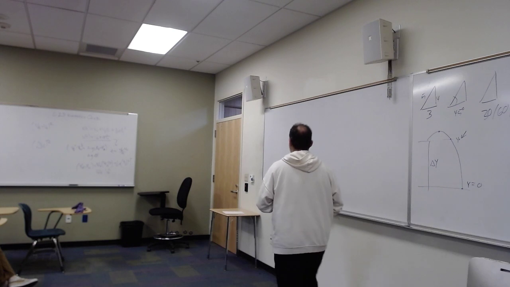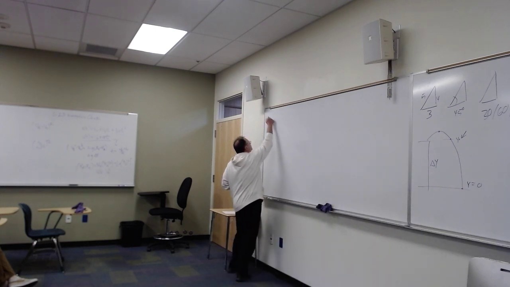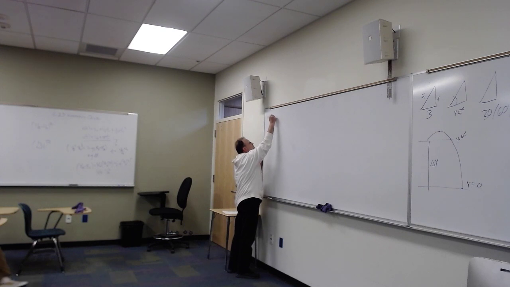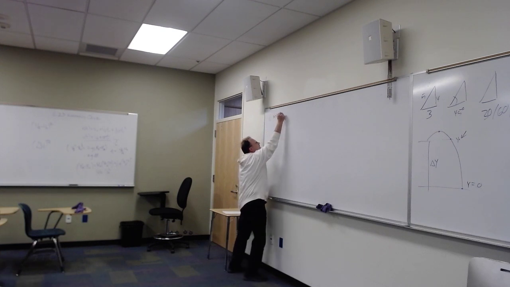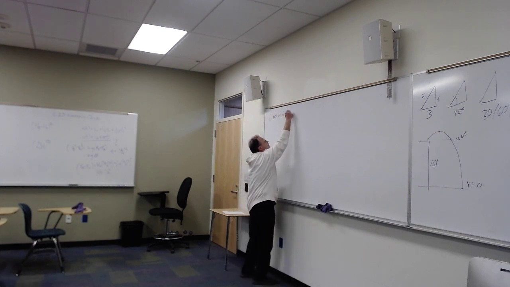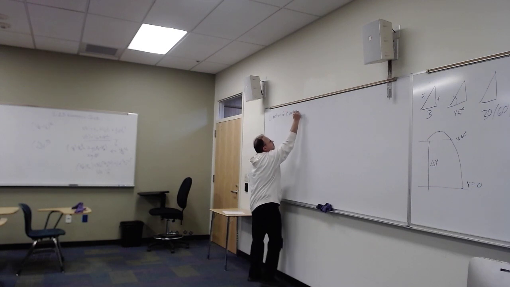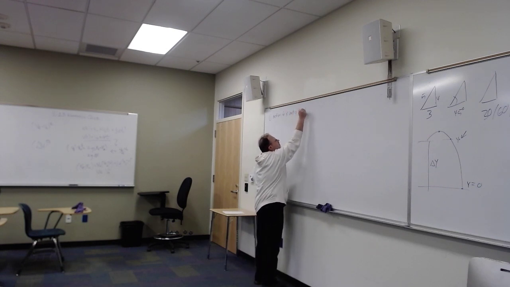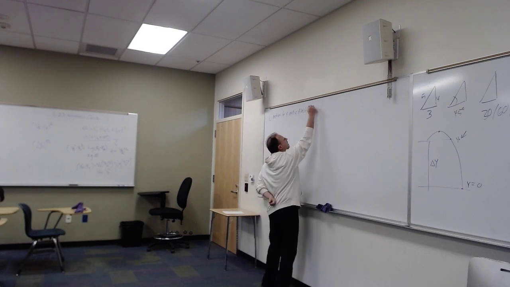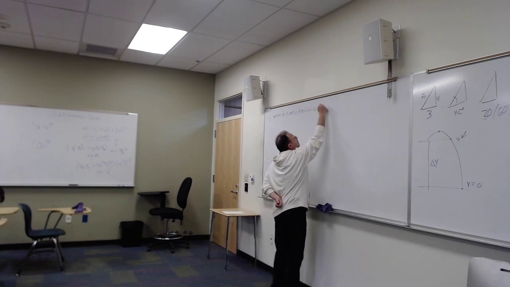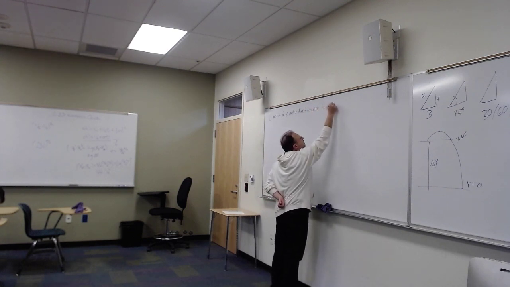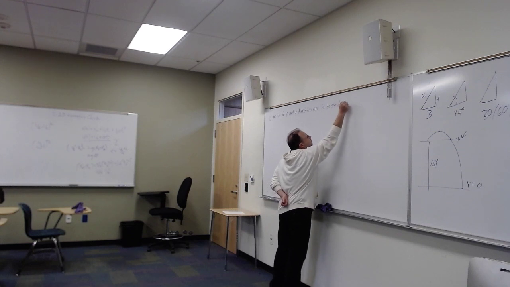The number one point of 2D kinematics is that motion in X and Y directions are independent of each other.